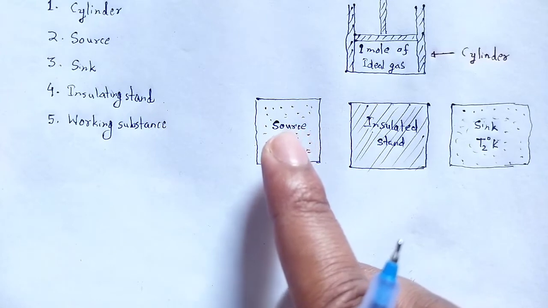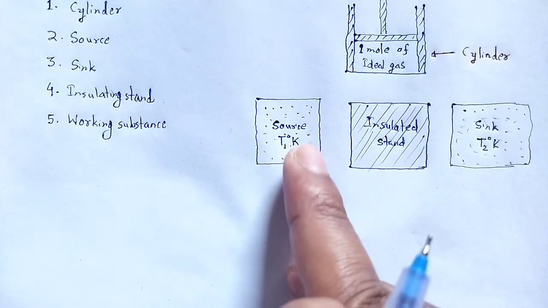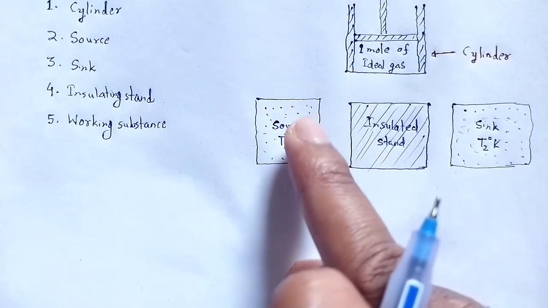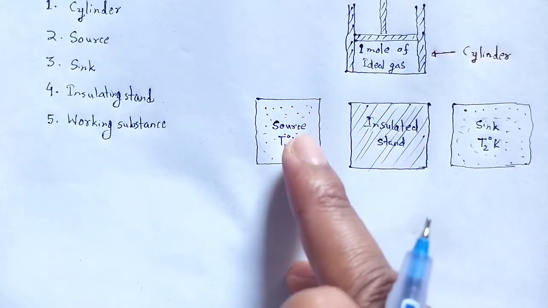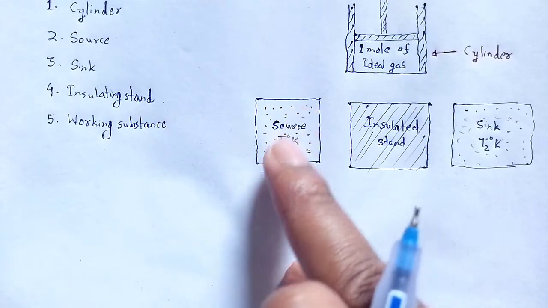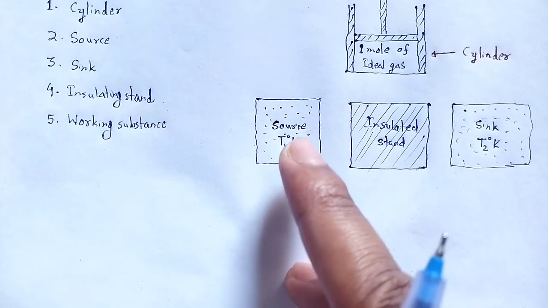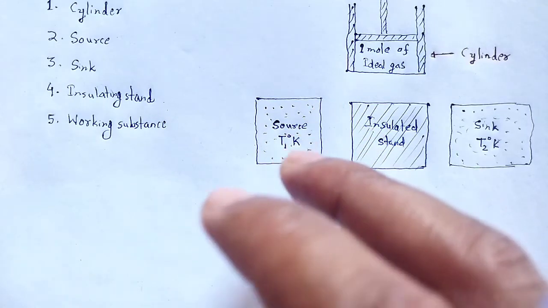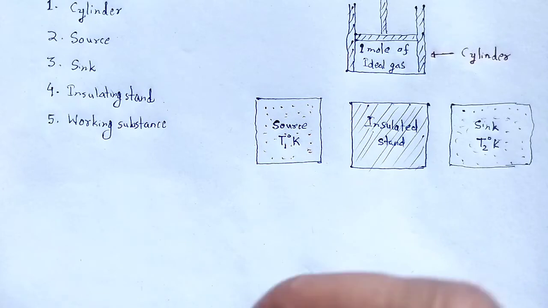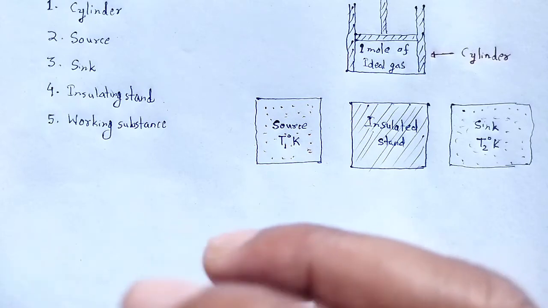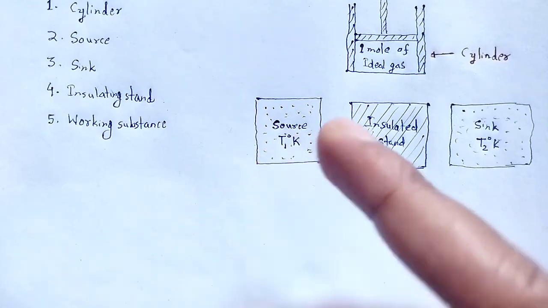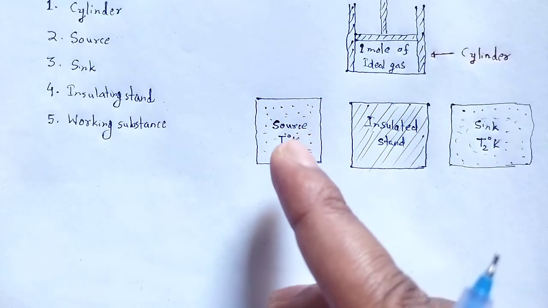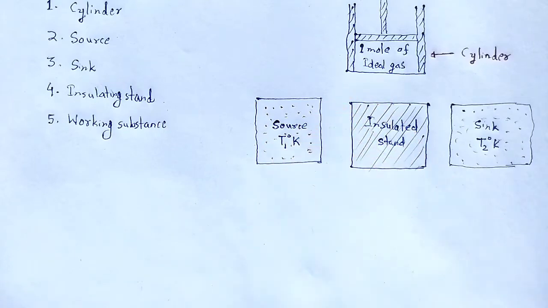The gas acquires the temperature T1 degree Kelvin of the source. Let the pressure and volume of the gas at the initial state be P1 and V1, the initial pressure and the initial volume of the gas. This initial state we can represent as a point.